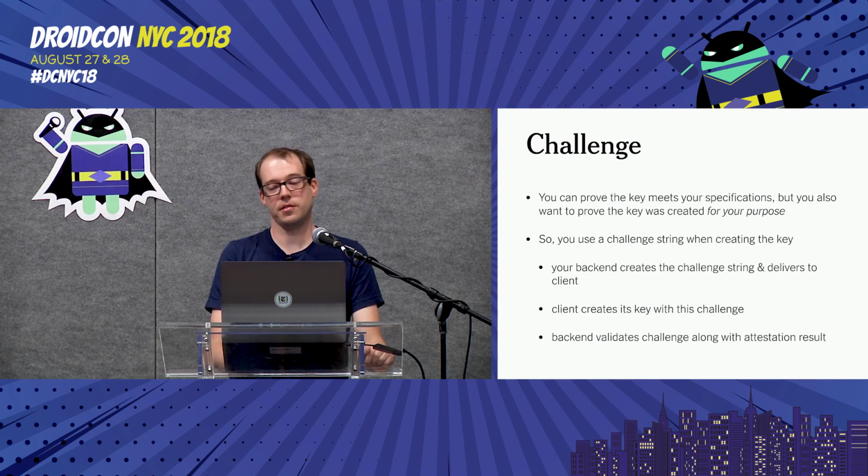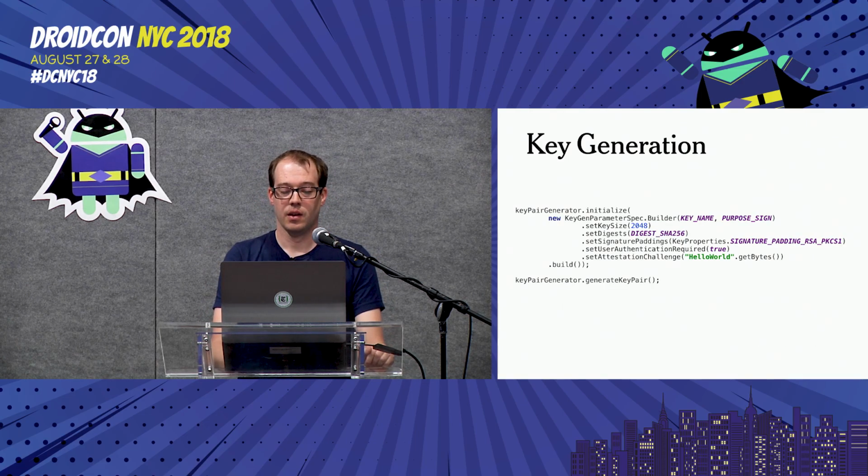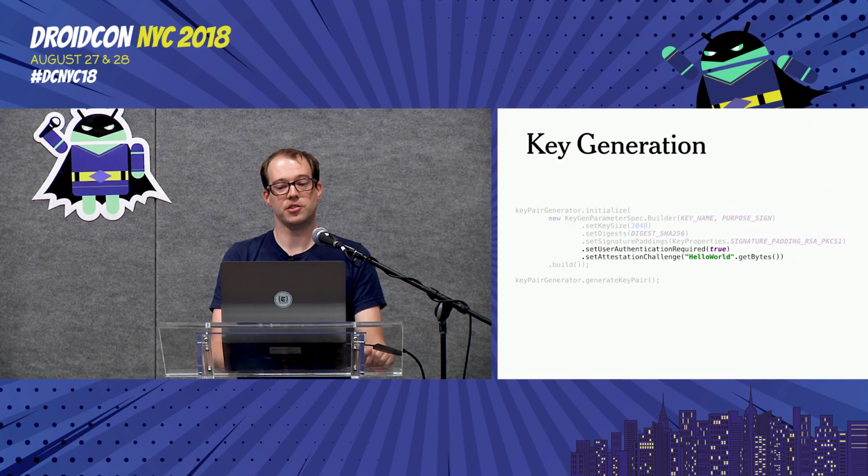Then you send up the certificates, and the backend validates that the challenge was there. So when we generate a key, in addition to setting authentication required, we can set this attestation challenge. You probably want to use something bigger than hello world for your challenge, probably some large amount of random digits. I believe you get 16 bytes you can use max. But this will be something that comes from your backend that you can then use to validate later.